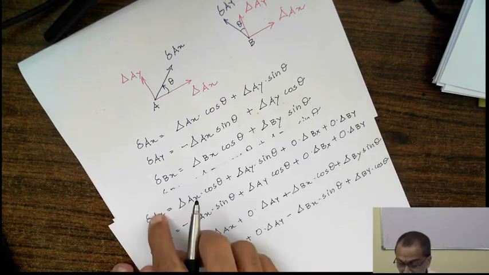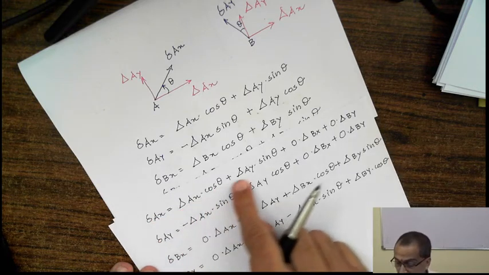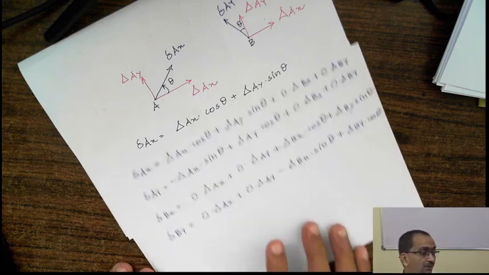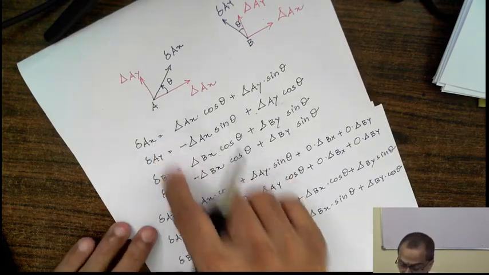These are the local displacements, and delta AX, delta AY, delta BX, delta BY are all global displacements. I have just converted these four equations into this.